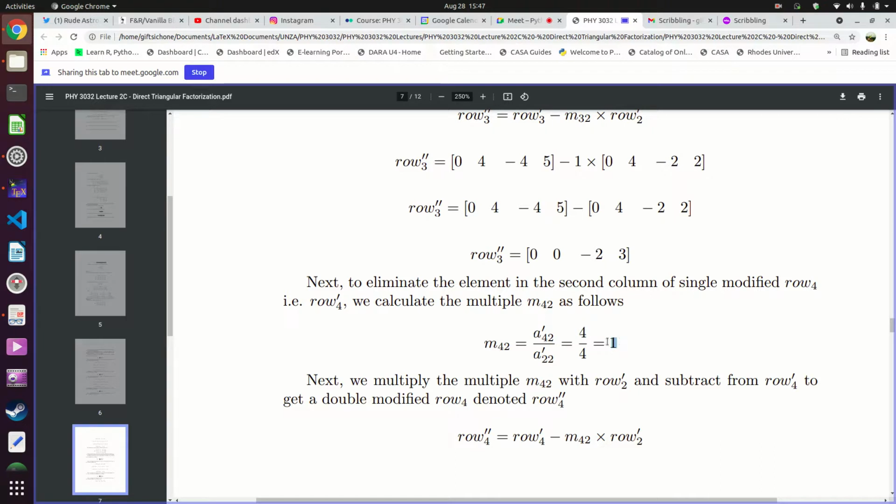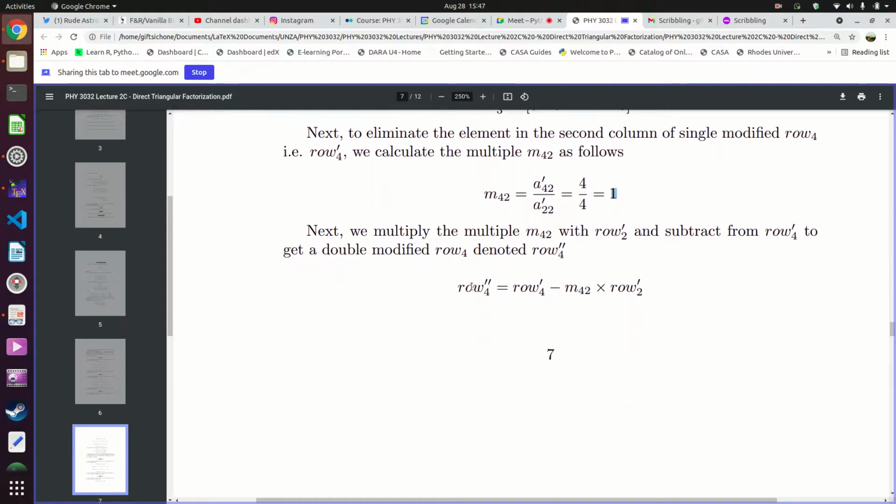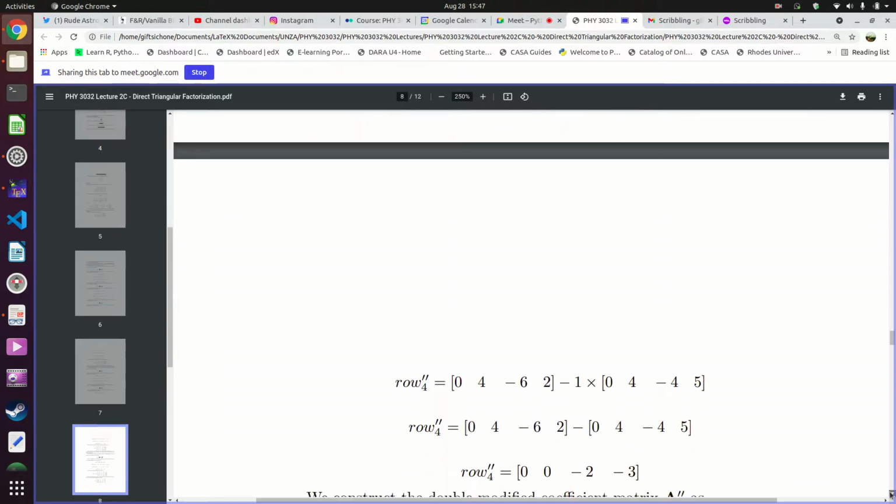So this multiplier M42 we'll put in our lower triangular matrix, but we also have a use for it here where we are modifying row number 4. So row number 4 double prime is going to be equal to row number 4 prime minus M42 times row number 2 prime. So when you do that, you end up having the following.